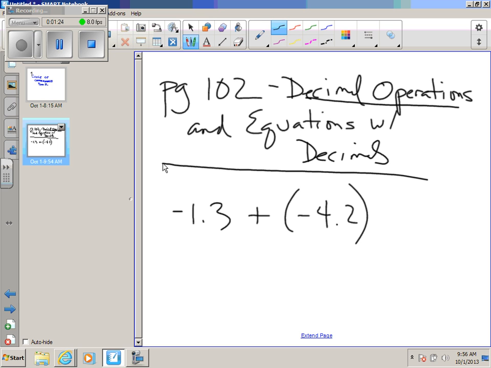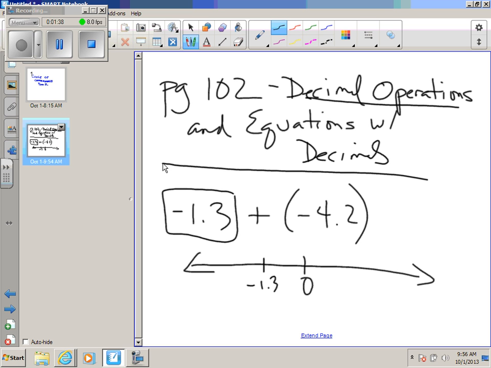If we're starting at, you can still think in terms of your number line. The concept itself does not change. So if we are at a negative 1.3 as our starting point, adding a negative is going to mean we go which direction, left or right? Yes, this way.